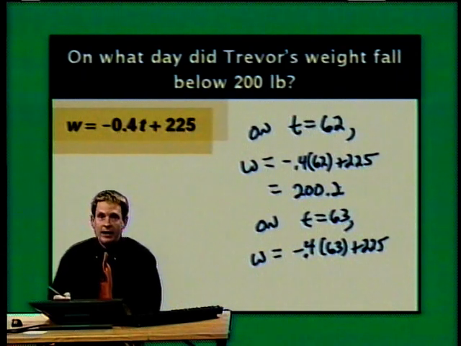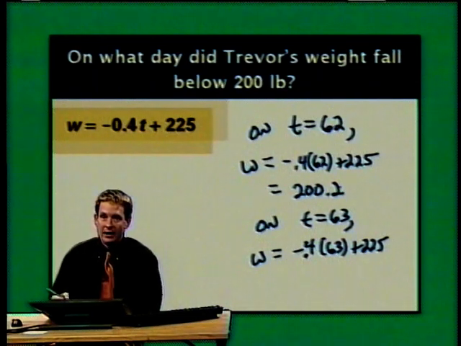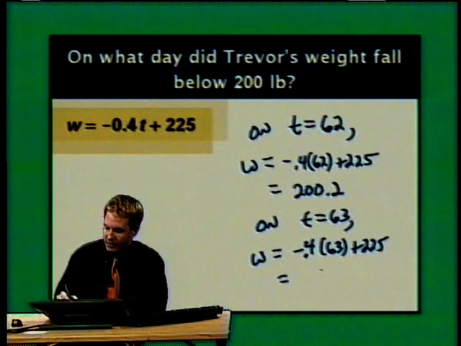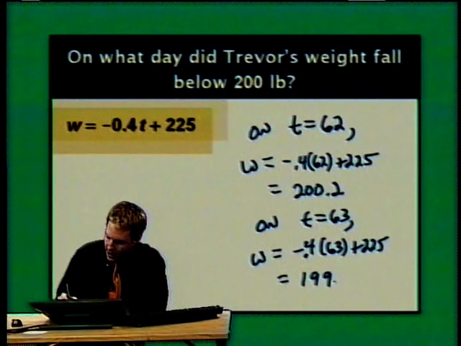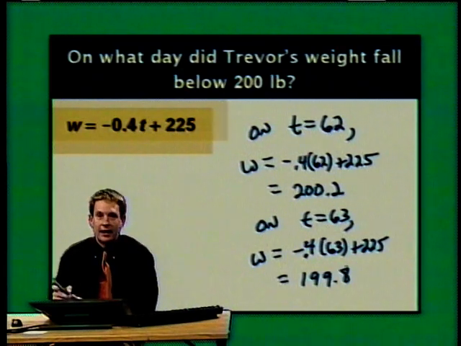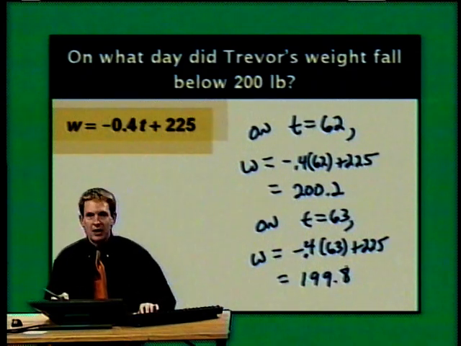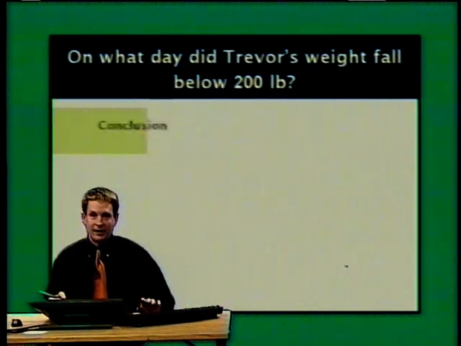On the second weight, another day has passed. Trevor loses weight at a rate of 0.4 pounds per day. So on day 63, Trevor's weight must be 0.4 less than 200.2. That's 199.8. Yes, indeed, Trevor's weight fell below 200 pounds sometime between the 62nd and 63rd day.